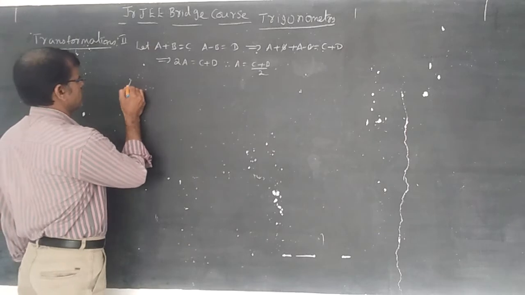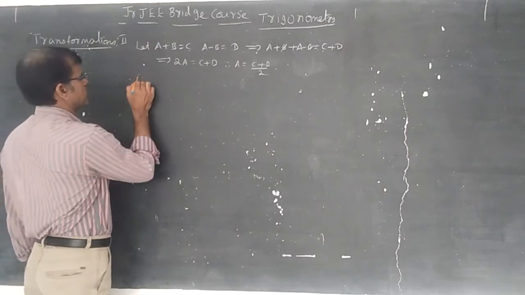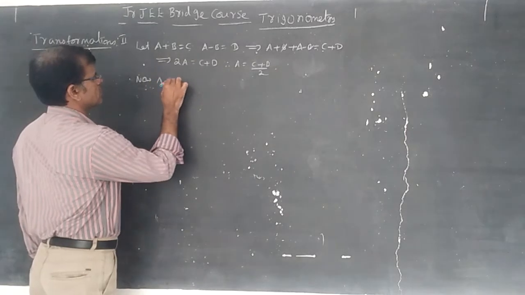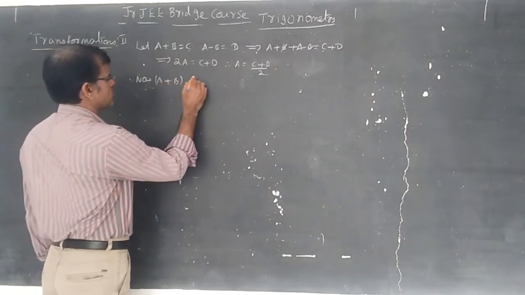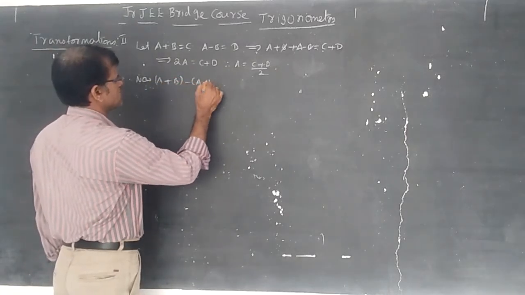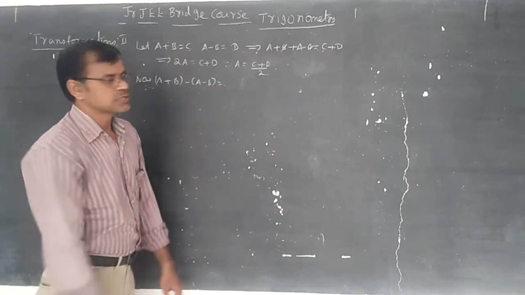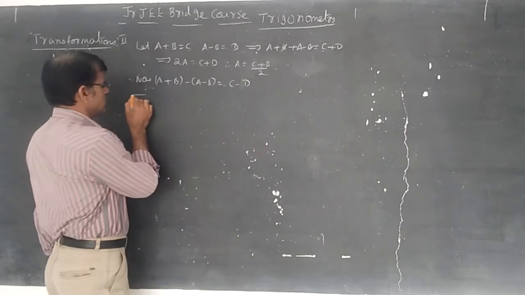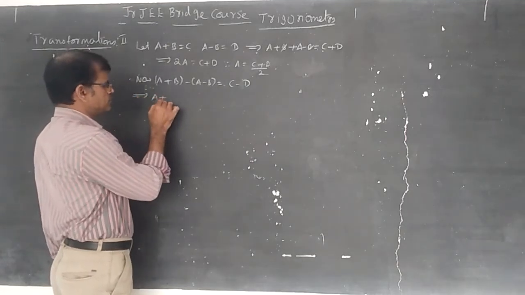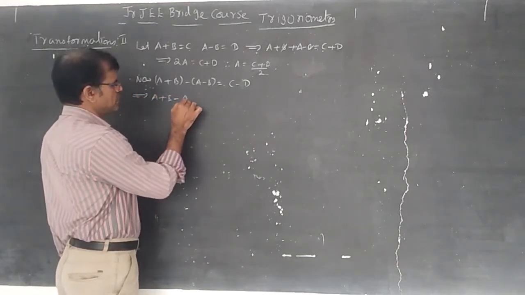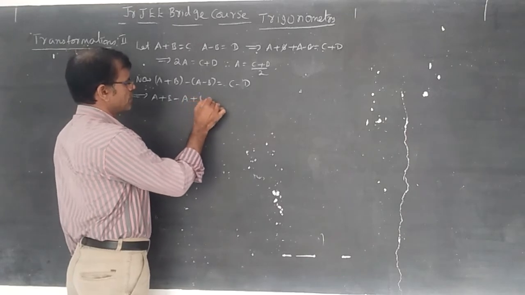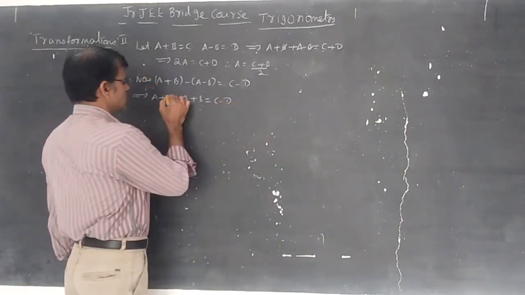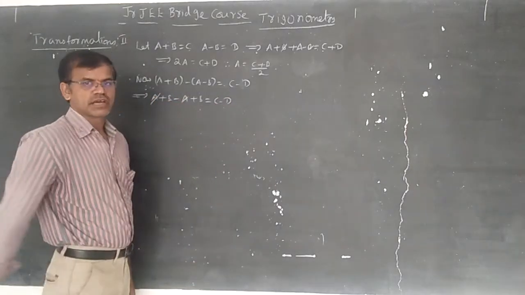In a similar way, now I am writing A plus B, put a bracket here, minus of A minus B. A plus B minus of A minus B becomes C minus D here. That implies A plus B minus A minus of minus plus B is equal to C minus D. Here A and A will get cancelled.